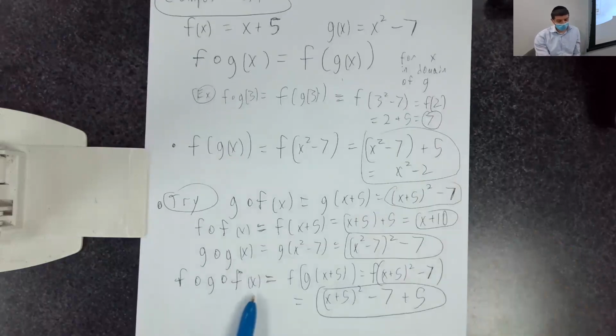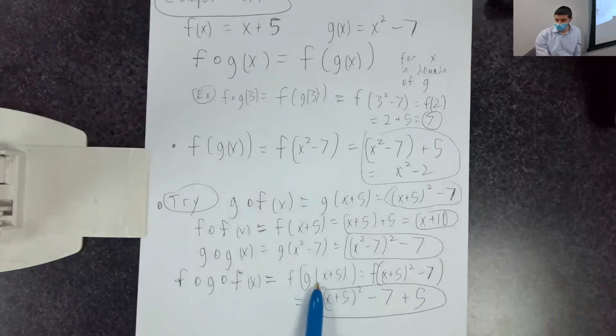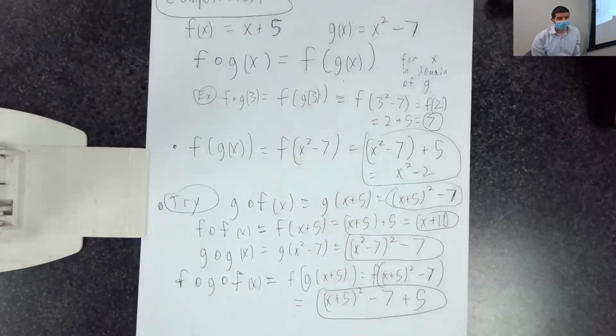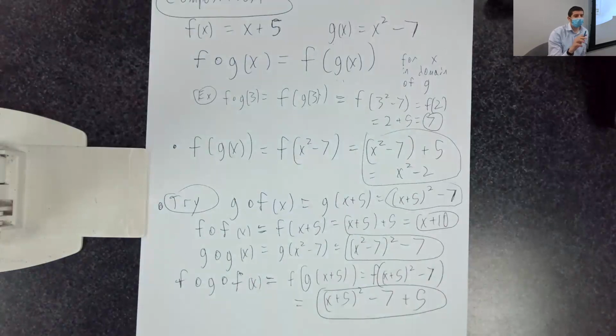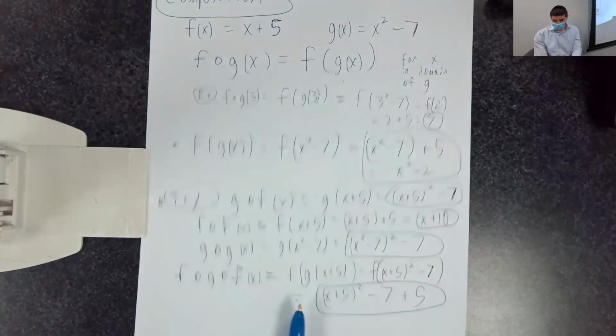Good, you go from right to left. So you have f, that gets plugged into g. x plus 5 squared minus 7, all of that gets subbed right into x. That's all. Is there a question? Okay, good.